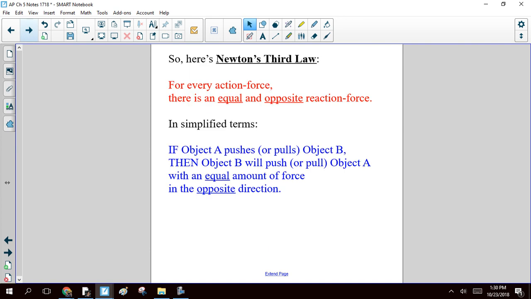All right, so Newton's third law, hopefully you remember, says for every action force, there is an equal and opposite reaction force. If Roy pushes the box with some amount of force, then the box is going to push Roy with the same amount of force. Here that is summarized. If object A pushes or pulls object B, then object B will push or pull object A with an equal amount of force, but in the opposite direction.